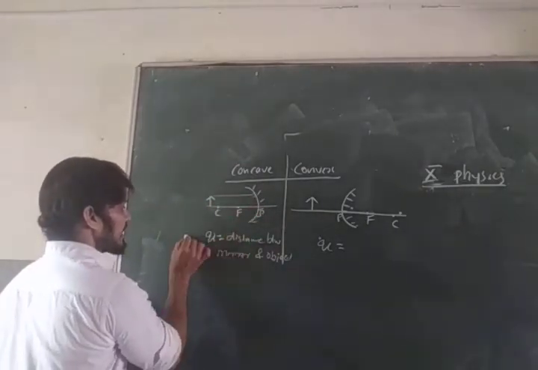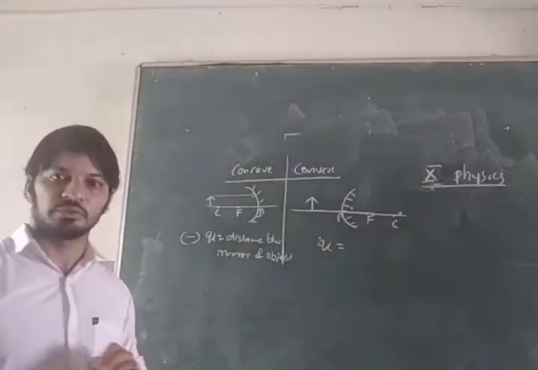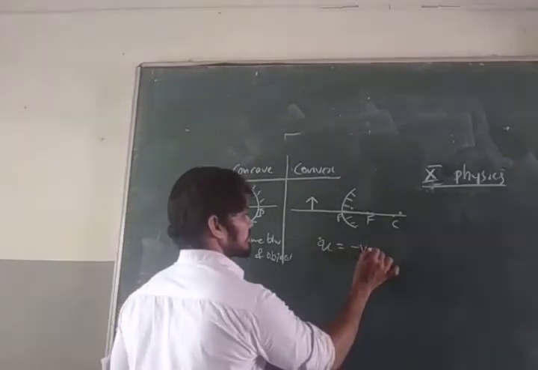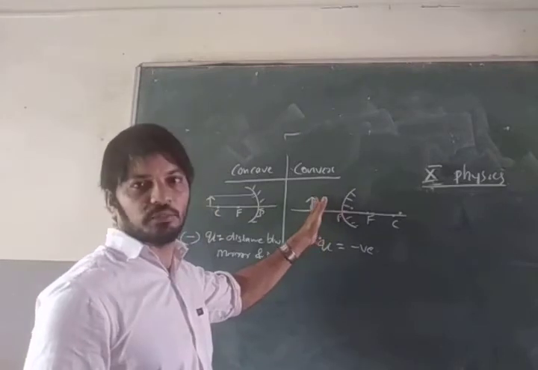So U is always negative. Here also U is negative. Why? Because the object is kept on this side.